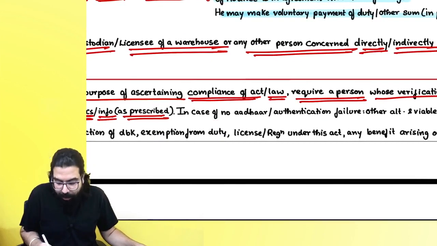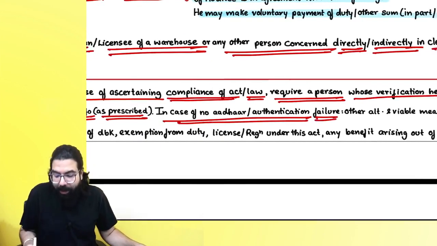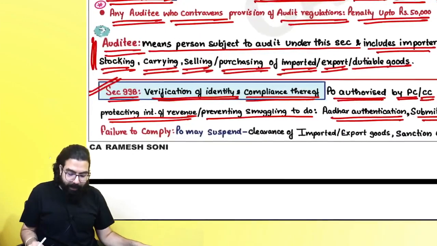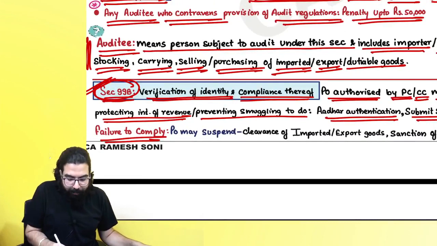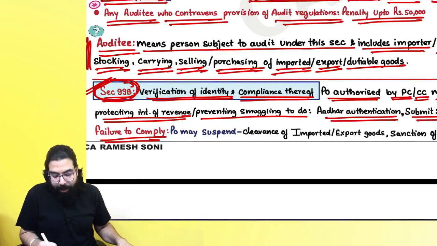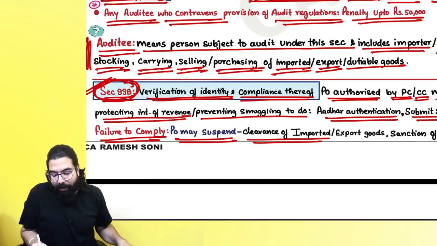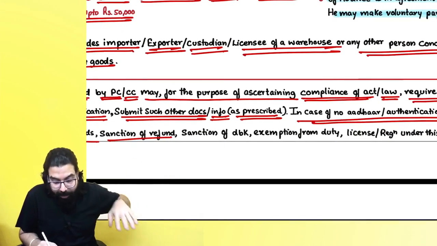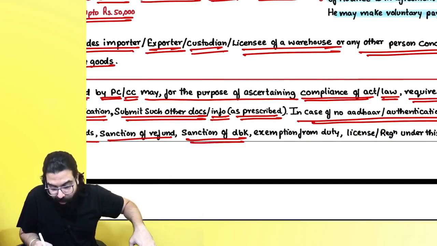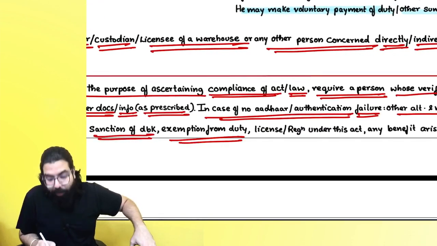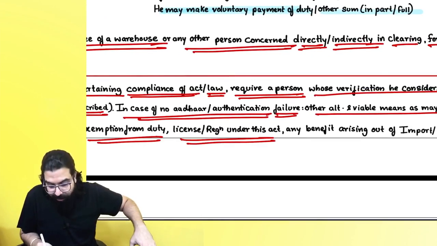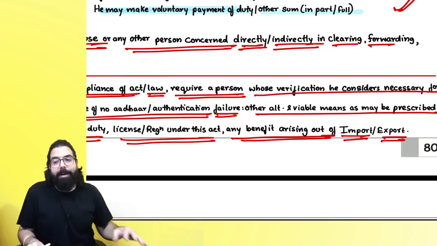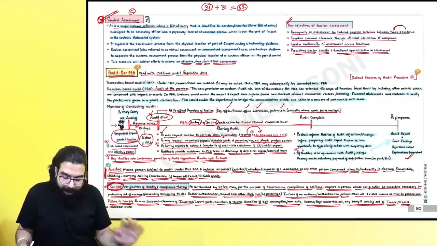In case Aadhaar authentication has failed, then they will provide you an alternate and viable means as prescribed. And sir, if I don't comply with section number 99B, then they will suspend clearance of imported goods and export goods, sanction of refund will not be given, duty drawback will not be given, exemption from duties will not be given, license or registration under the Customs Act will be cancelled, and any benefit out of import or export will also not be given to you.